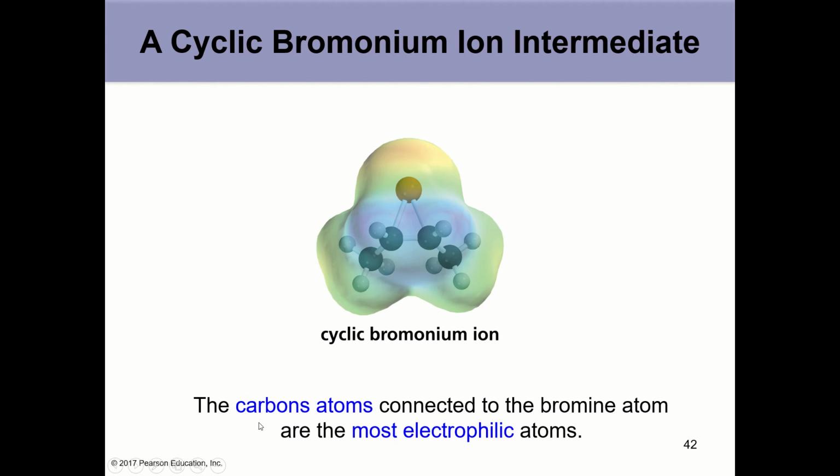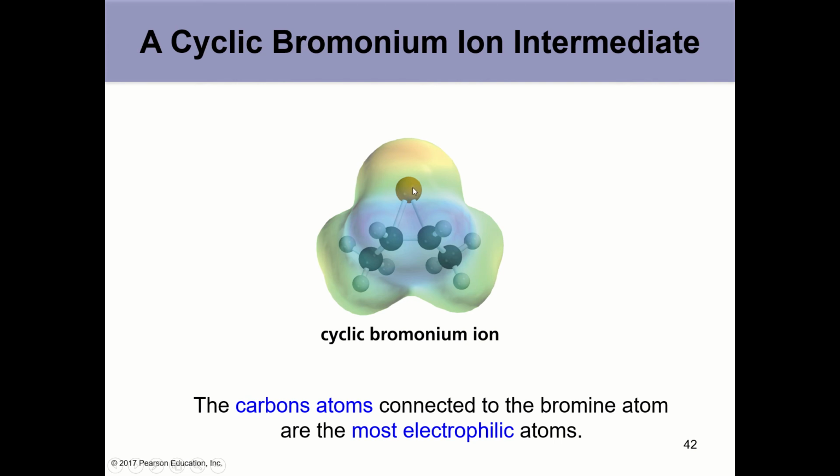The carbon atoms that are both connected to bromine are the most electrophilic carbon atoms. Bromine, of course, is the most electronegative atom in the molecule, regardless of the positive charge. Note that in the formal drawing of the Lewis structure, bromine has a positive charge, but bromine is electronegative, and so it draws electron density from the carbons.